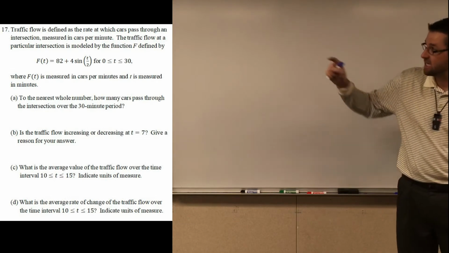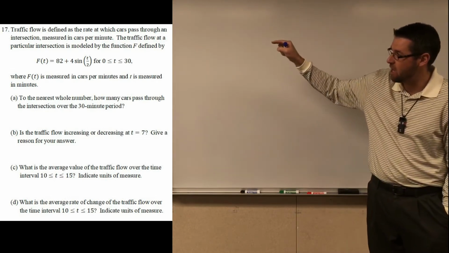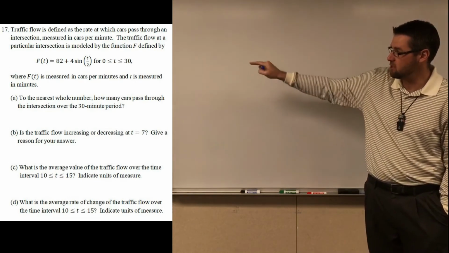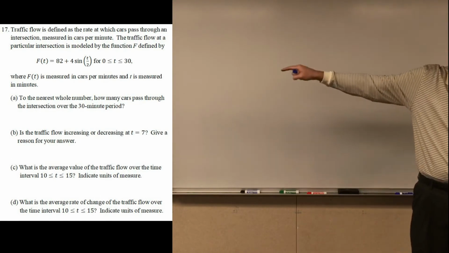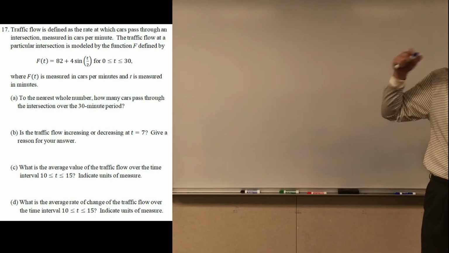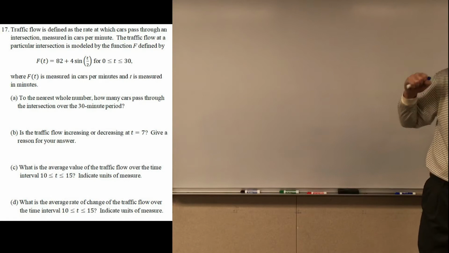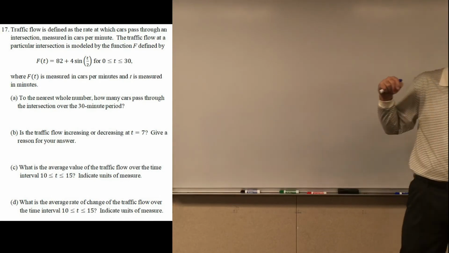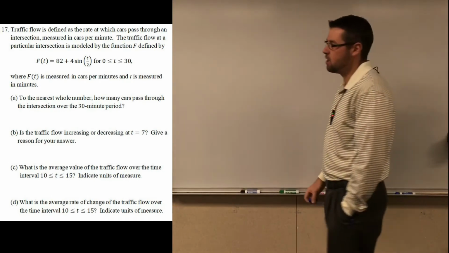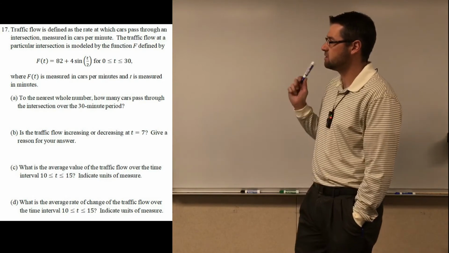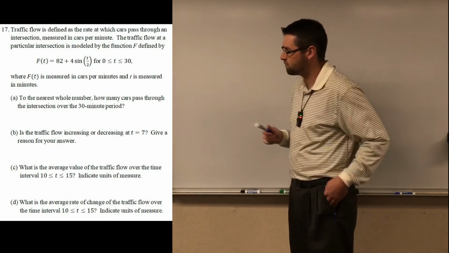It's a rate. It says traffic flow is a rate, and the units are cars per minute. F is traffic flow, so F is a rate. Yeah, in this case, they just defined it this way. Okay, so capital F in this case is the traffic flow rate.